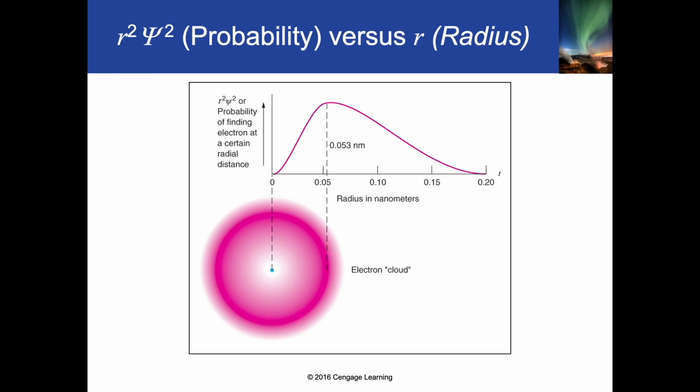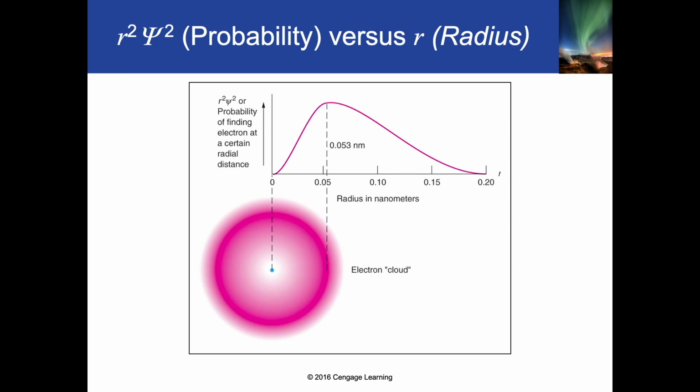It's very low probability that it's out here, and very low probability it's at zero, which makes sense because an electron can't get too close to the nucleus and it cannot get too far from the nucleus either, in the first energy level, the n equals 1 energy level. It doesn't say that, but this is just like a percent over here. The y-axis is percent, okay? And so this wave function shows that the highest probability of the location of an electron away from the nucleus of hydrogen is at 0.053, right there, okay?